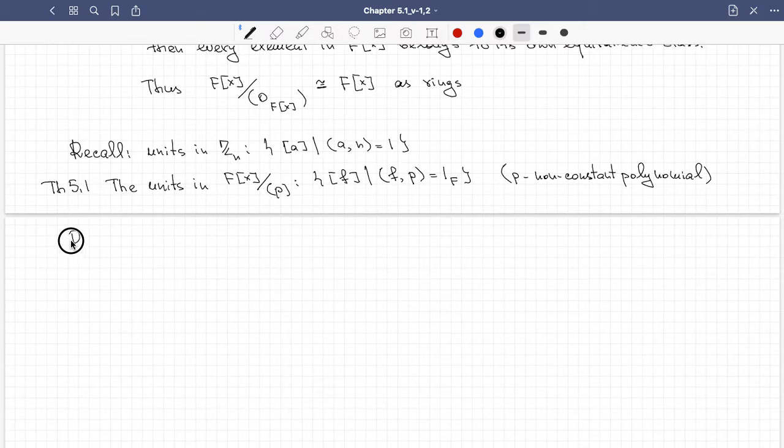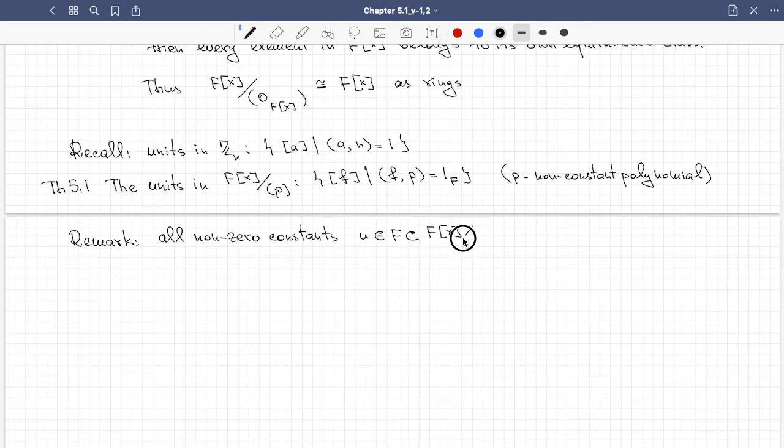So remark: all non-zero constants, say U, in the field inside F of x, are among the units.